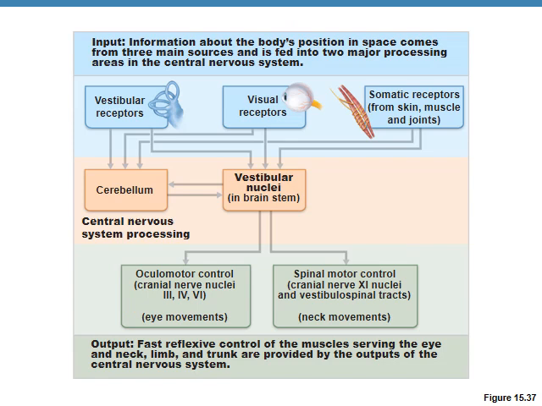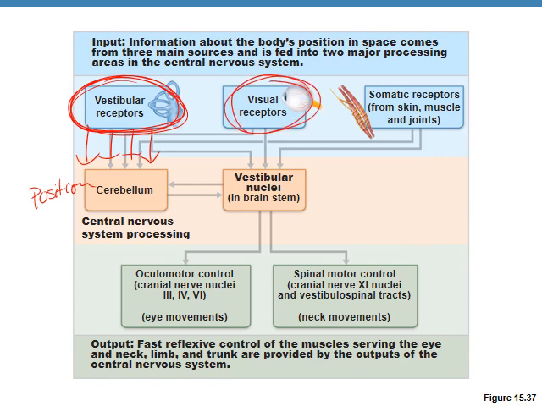So usually I want to mention something about why do we get sick? Why do people feel ill? So we have our vestibular receptors, and they're telling your cerebellum about your body position, movement, right? Then you have your eyes.